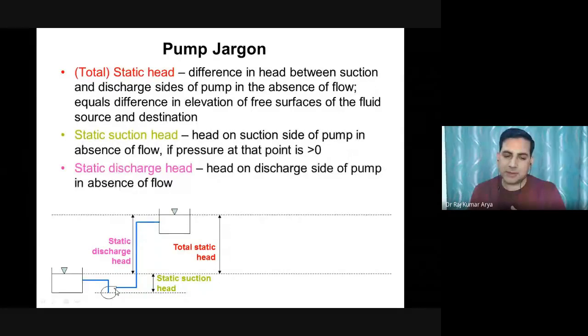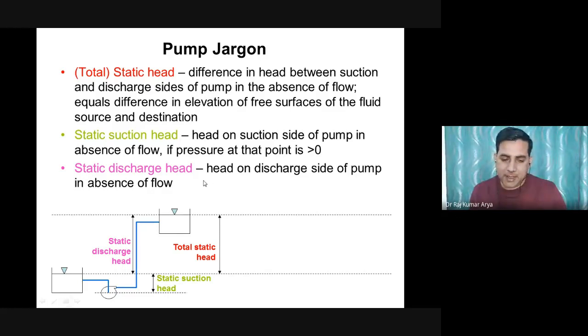This was the initial level of the fluid. Now you are discharging to this level here. So this is your discharge static head. This much is being delivered by your pump, from your HL actually, H pump.